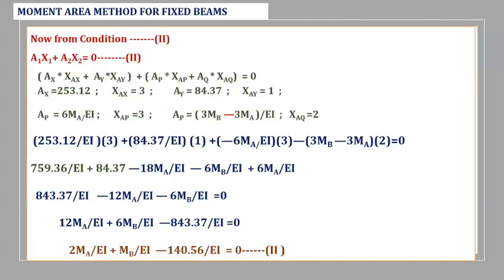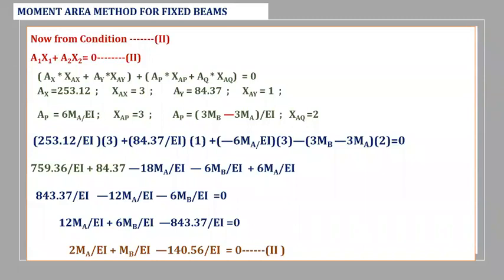AX is a known value, 253.12, XAX we can calculate as 3, AY 84.37, XAY 1. AP, by considering the fixed end moments, is 6 MA by EI, XAP is 3, that is 6 by 2. The second one is 3 MB minus 3 MA by EI, XAQ equal to 2.